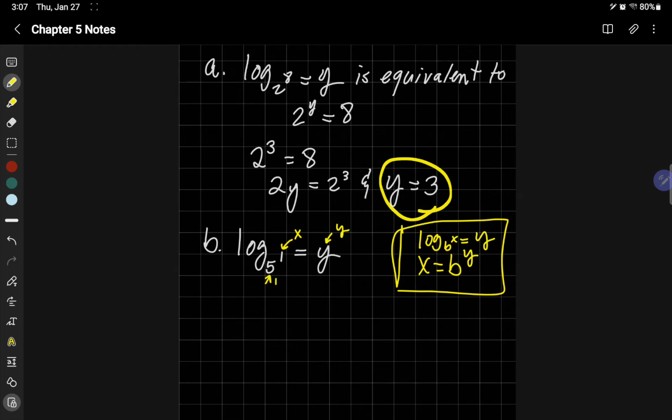This is the base. First, we have to find this form.